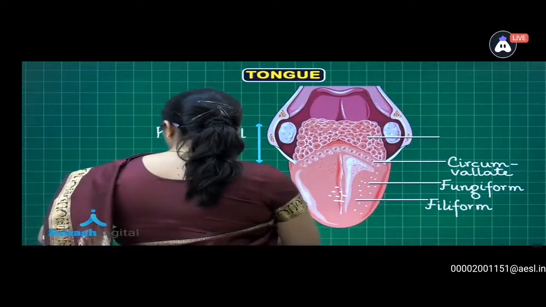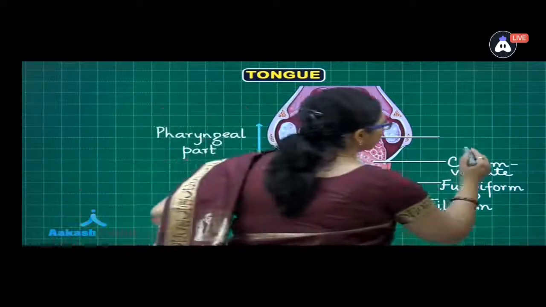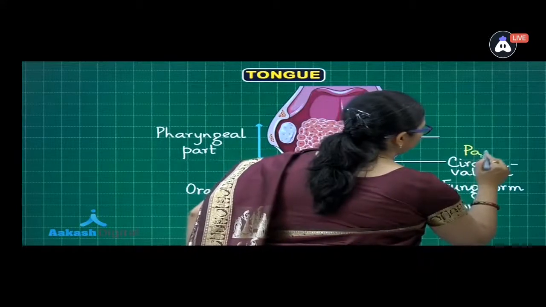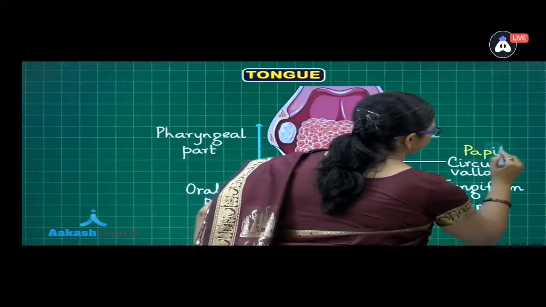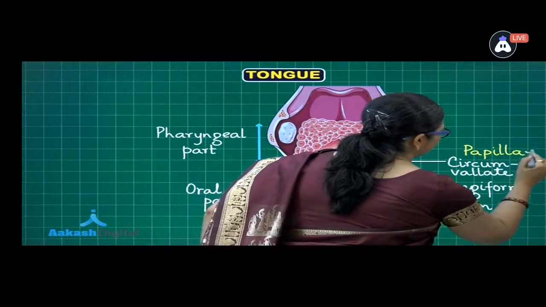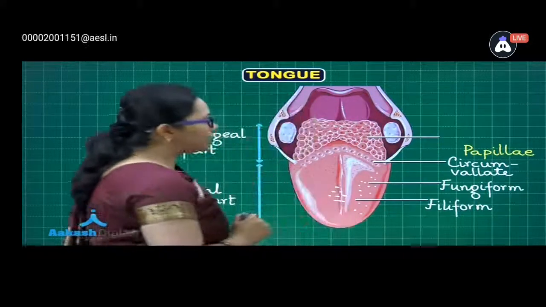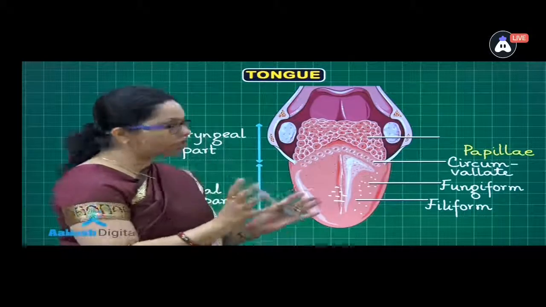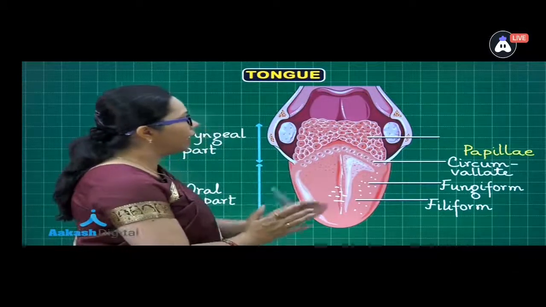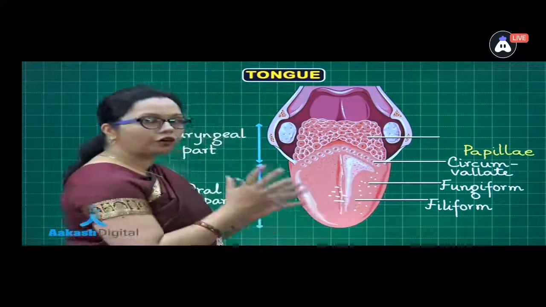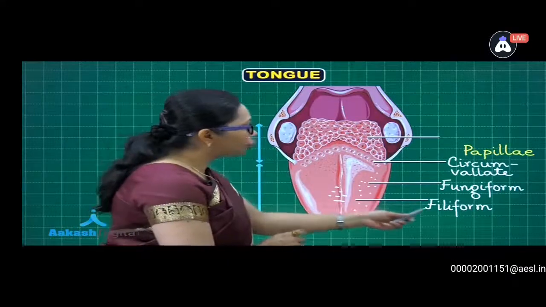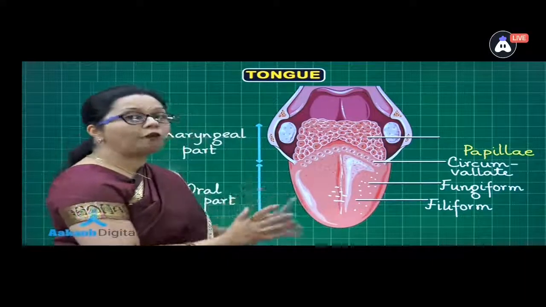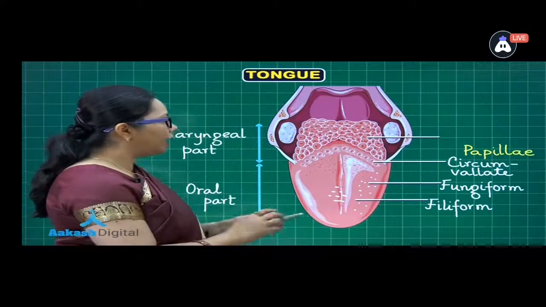So, these are the three types of papillae that we have: circumvallate, which are the largest but least in number; fungiform, which are of medium size; and the smallest one, filiform, and they are maximum in number.